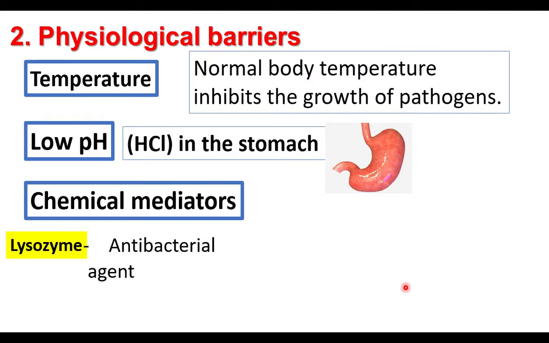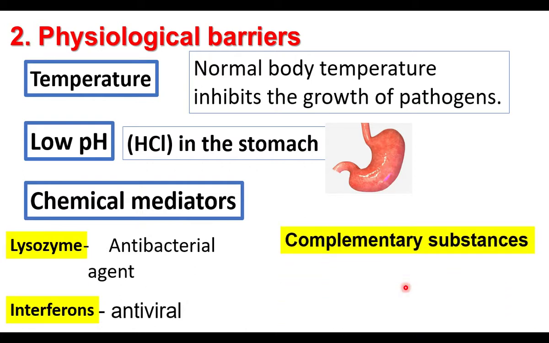The lysozyme kills bacteria by destroying the bacterial cell wall. The antiviral chemical is interferons. Interferons are produced by infected WBCs. The infected WBCs secrete interferons, so the non-infected cells develop immunity.